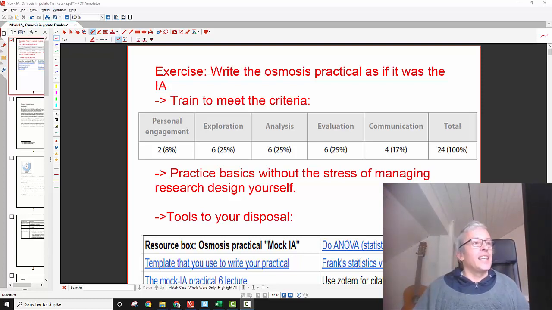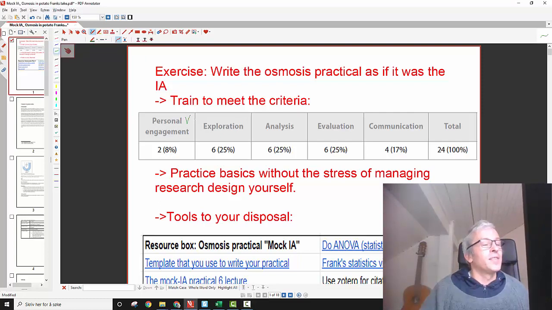The purpose of this is to let you train how to make the IA in a good way, but at the same time meet all these criteria, such as personal engagement, exploration, analysis, and a little bit of evaluation, and also how to write it in an understandable way. In total you can get 24 points if you write your IA perfectly.